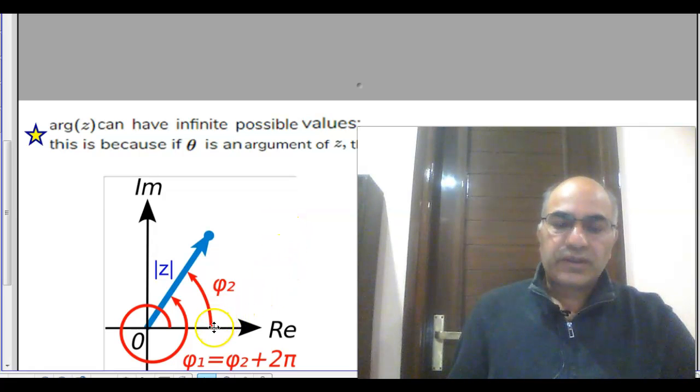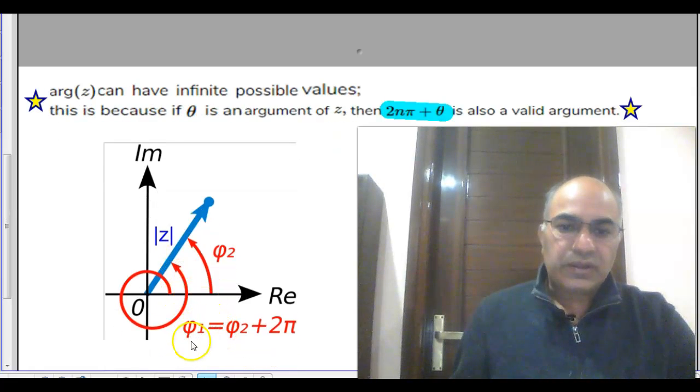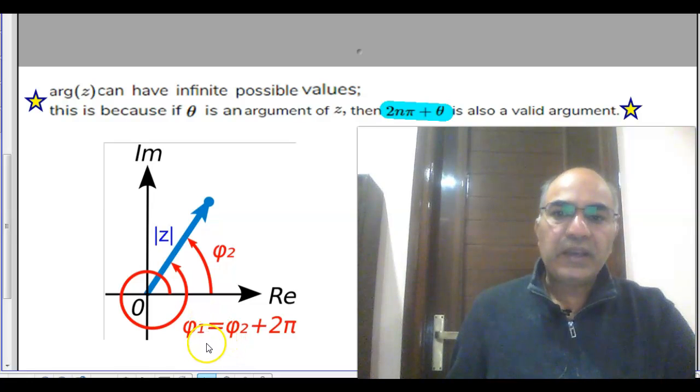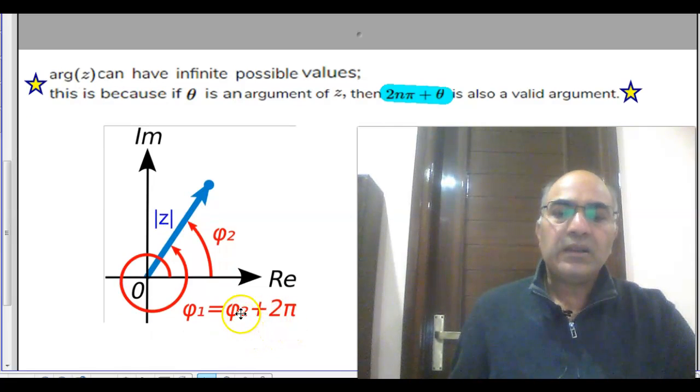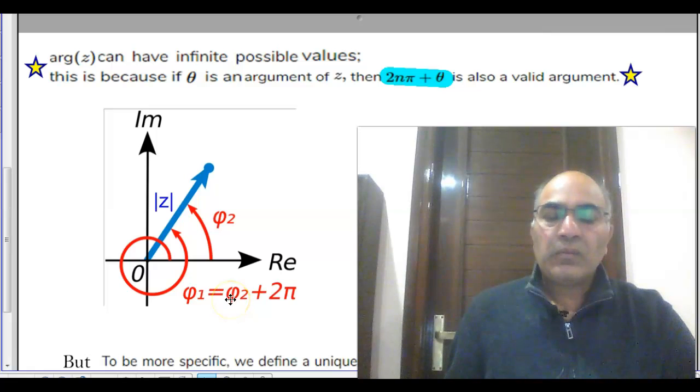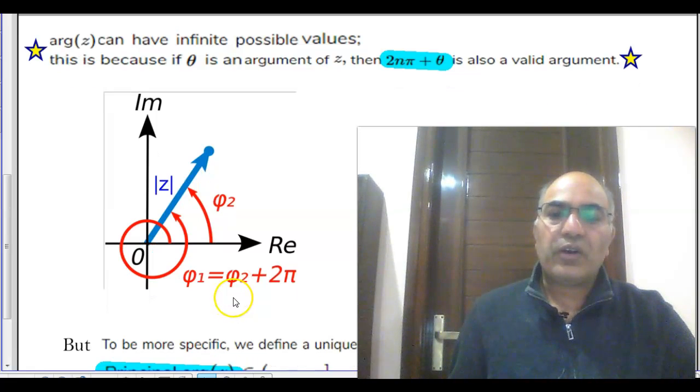How? For example, if we measure argument of z by measuring this angle, then we can also have one more value of argument by measuring this angle, that is by completing one revolution of 2 pi and then again measuring this angle. So if phi is one argument, then phi plus 2 pi is another argument of the same complex number, and so we have many arguments for a given complex number.